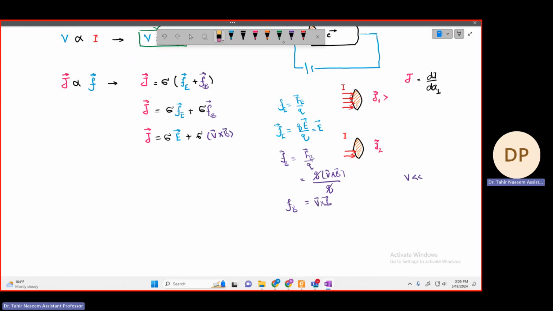So under the assumption that charges are flowing with small velocity, we can ignore this term, and we will have J is equal to sigma E. And this is the Ohm's law in current density form, right?